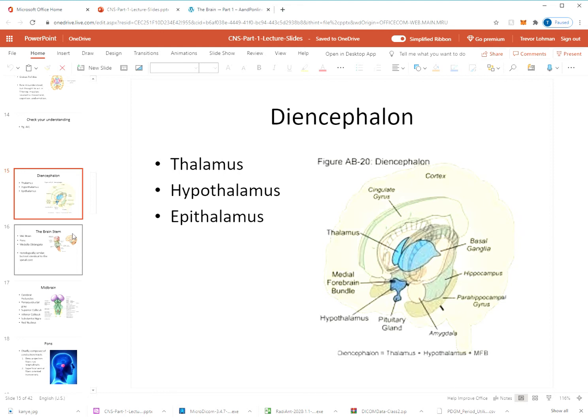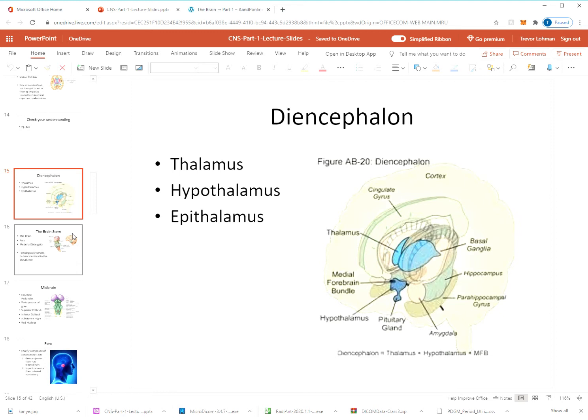Every sense, with the exception of smell, I suppose, goes through the thalamus. And there's filtering that occurs there. There's rerouting. There's integration. That's the best word. And then that impulse is wired to the appropriate part of the brain.